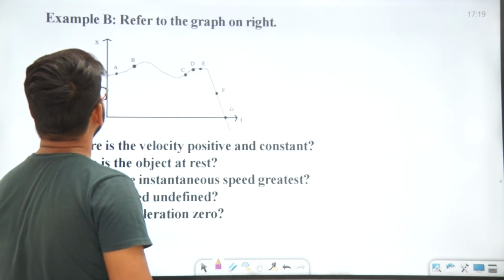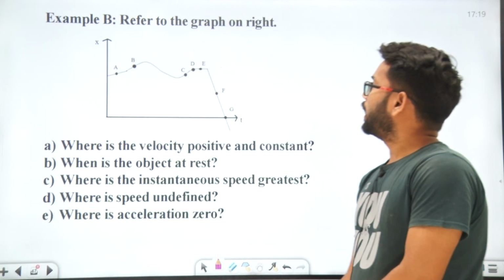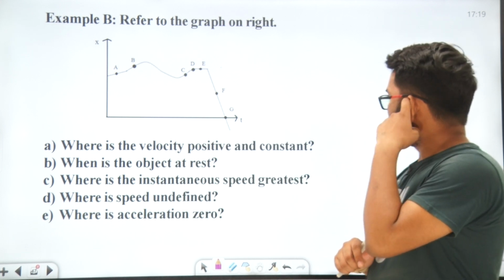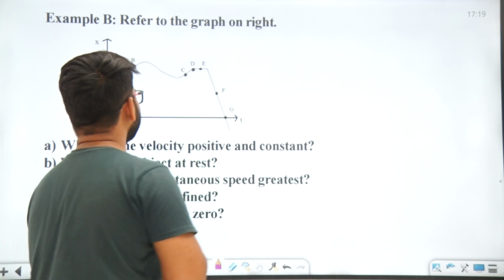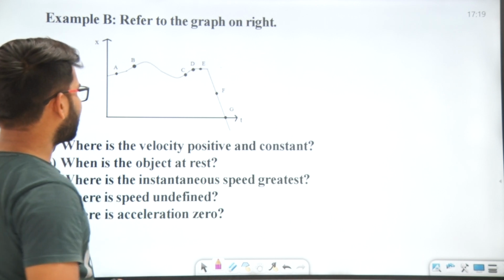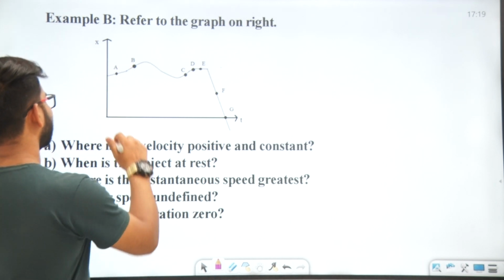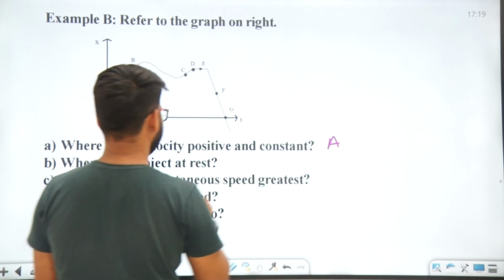We analyzed already. Now look at this question, students. Refer to the graph on the right. Where is the velocity positive and constant? So if you look at A, velocity is positive and constant. It's a straight line, right?